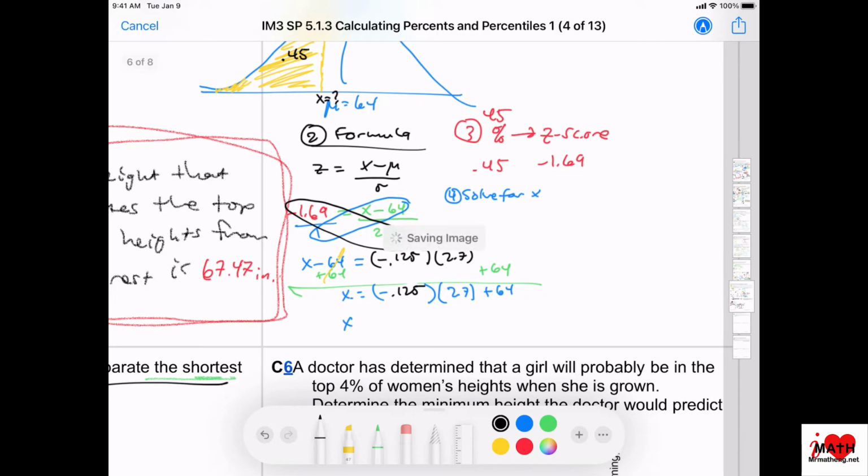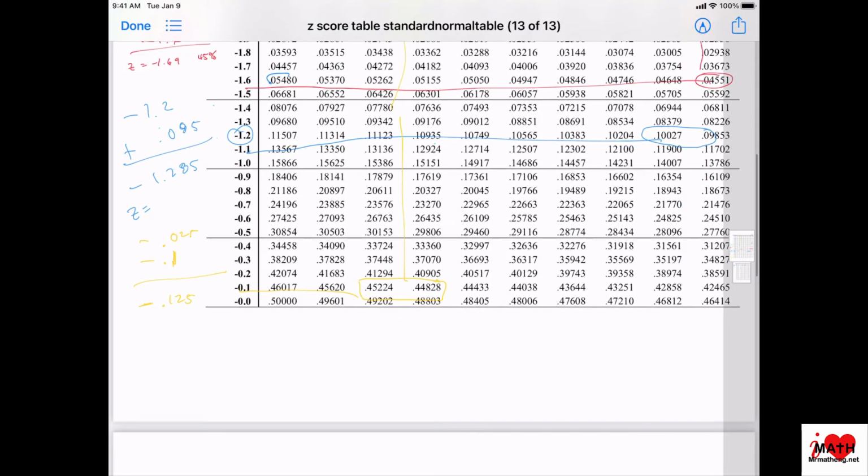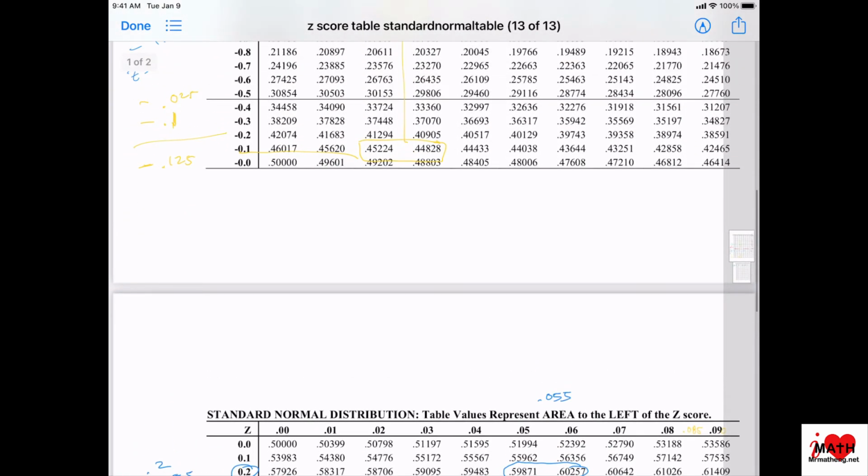Let's take a look. Negative 1.25. Let's try that again.